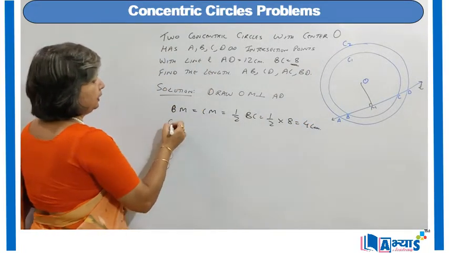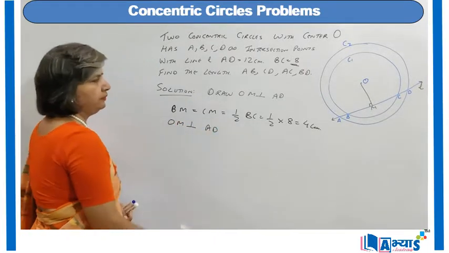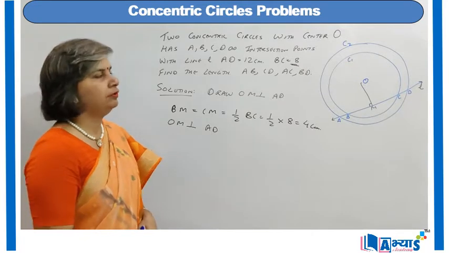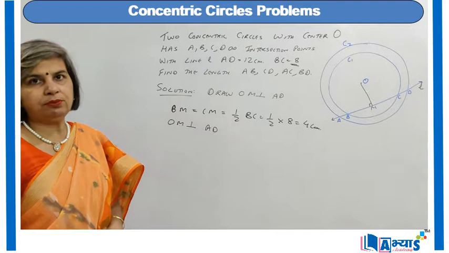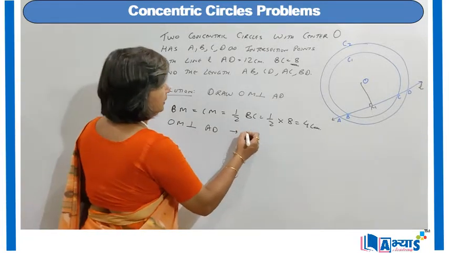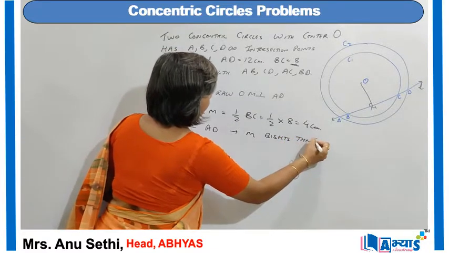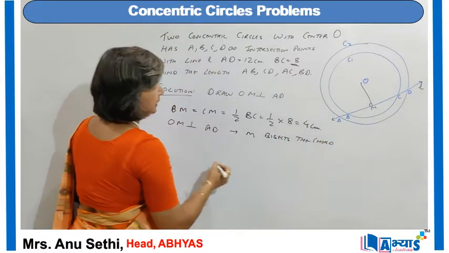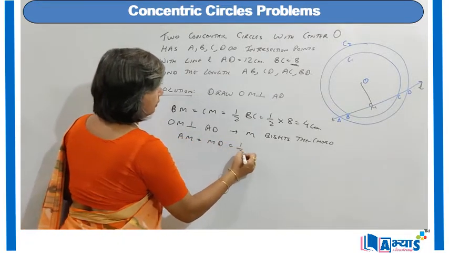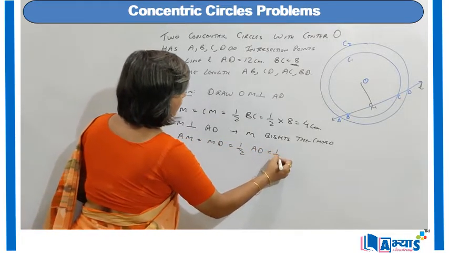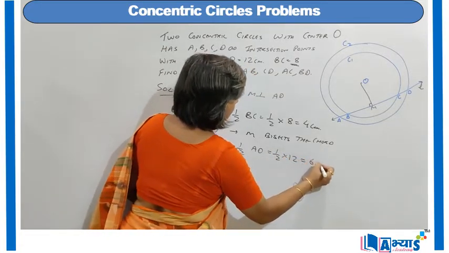Similarly, OM is perpendicular to AD, and AD is the chord for the circle C2 with O as the center point, so M bisects the chord. AM is equal to MD is equal to half of AD. That means half into 12, which is 6 cm.